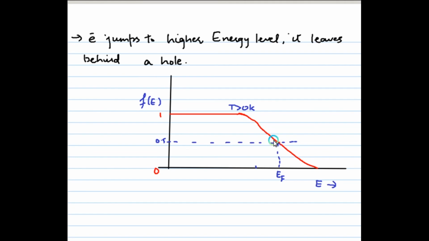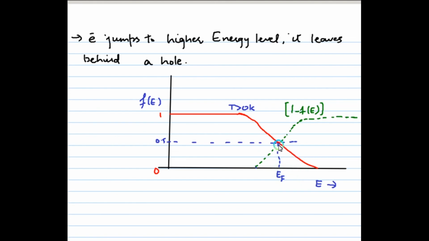So since the distribution is changing like this, this distribution will be 1 minus f of E, that is the distribution of holes.